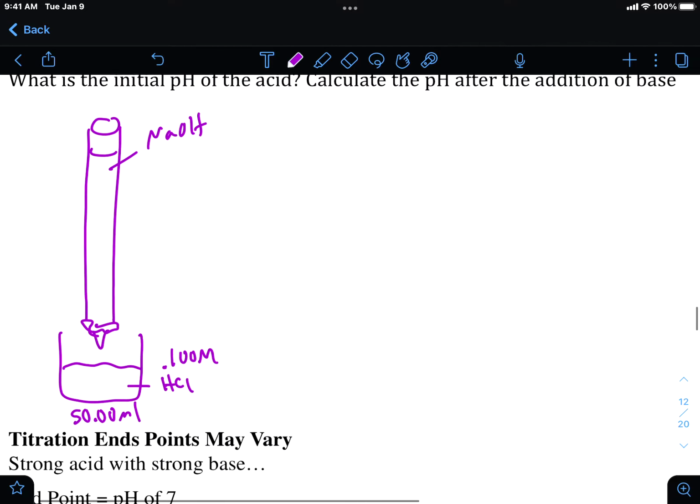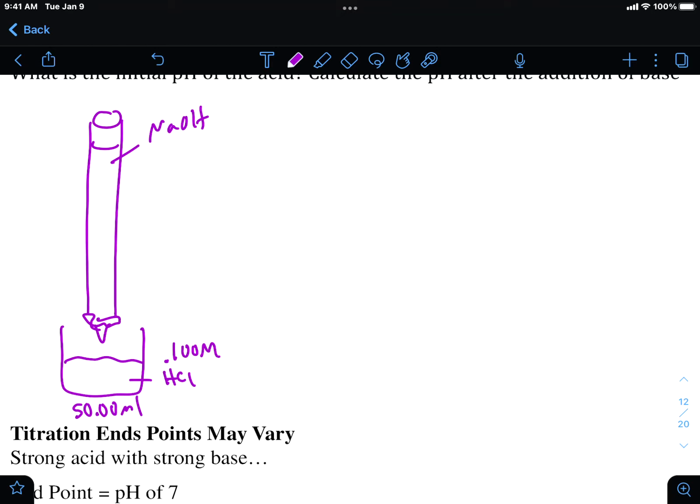Well, the initial pH is going to be based on the concentration of H+. And because this is a strong acid, the molarity of HCl is the molarity of H+. So all I have to do is simply take the negative log of the concentration of HCl, but because I taught you a pattern the other day, we don't even need to calculate it. Can't you just look at this and tell me what the pH is going to be?